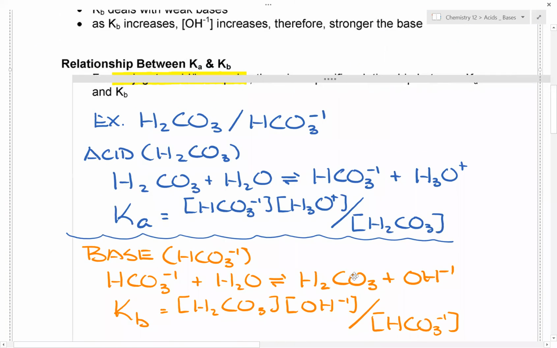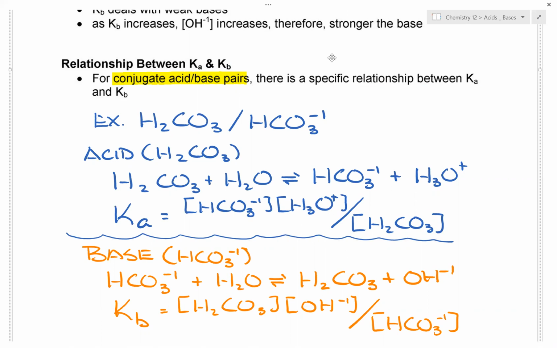So let's say, for example, we have H2CO3 and HCO3-. They are conjugate pairs because they differ by one proton. The acid is H2CO3. The conjugate base is HCO3-.